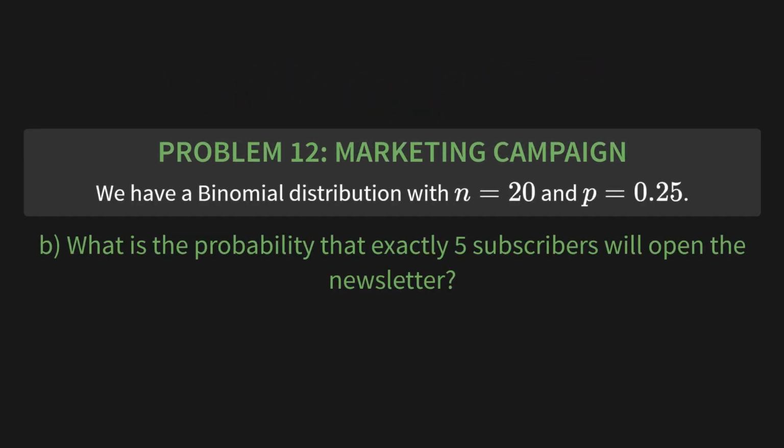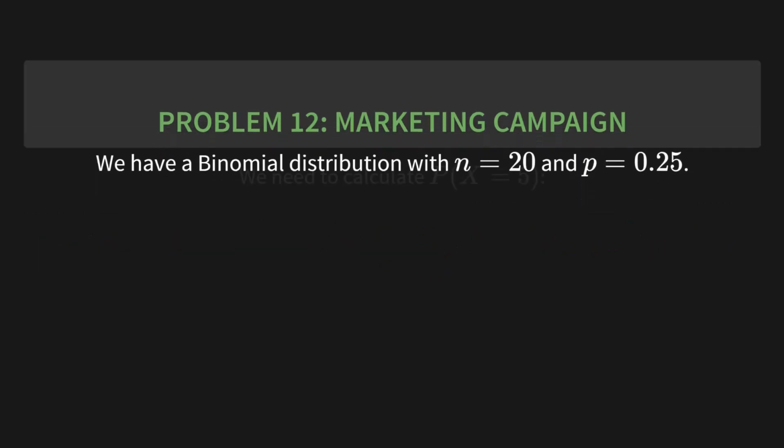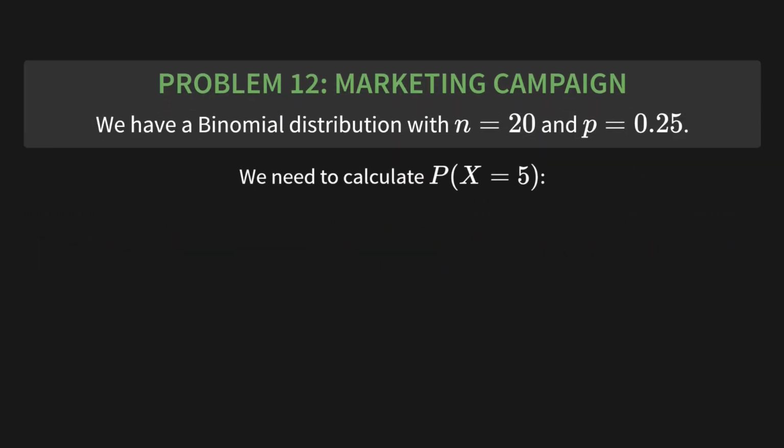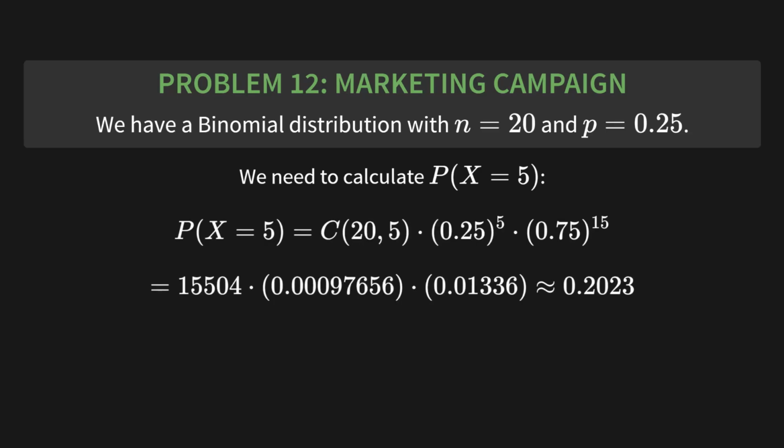So, for part B, let's use that formula. What is the probability that exactly 5 subscribers will open the newsletter? Let's walk through this. We have our binomial distribution with n equals 20 and p equals 0.25. We need to calculate P of X equals 5. Looking at the formula, that means we calculate C(20, 5), which comes out to 15,504.